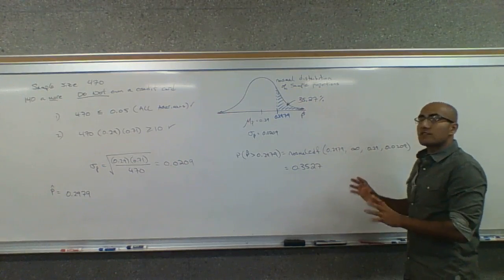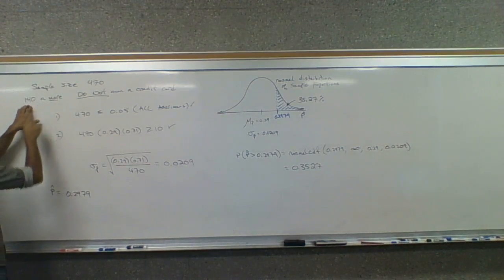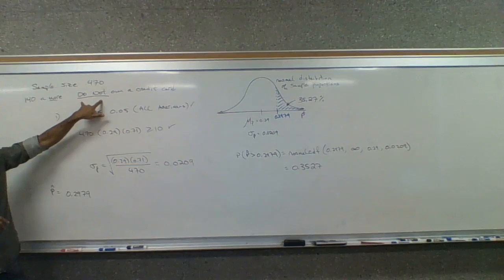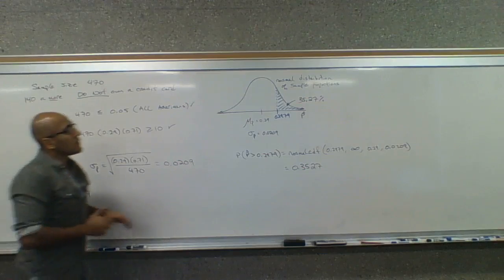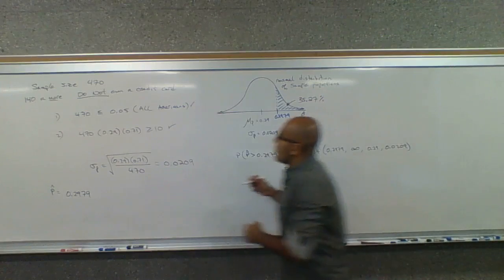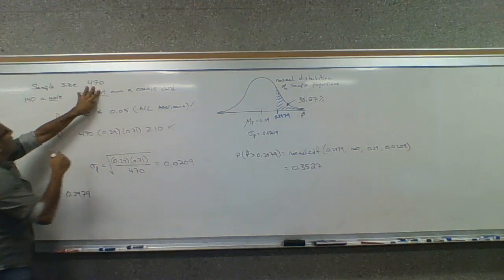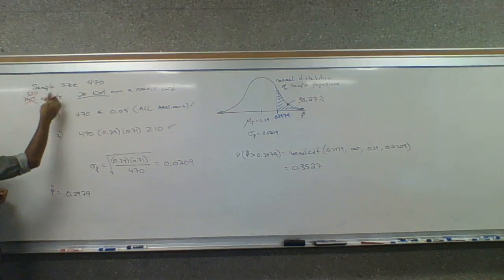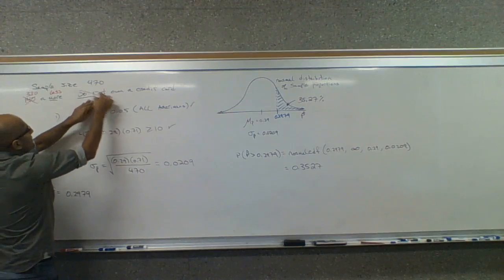So this whole thing could have been solved either way. The mistake was that the original question said 140 or more own a credit card. One way to fix it is to stick in the do not own a credit card here, and that fixes the whole thing. We have a nice valid question. Or the other way to fix it is to leave it as own a credit card, but we'd have to change this to 330, and you can either leave or more or less, and get rid of the do not own.